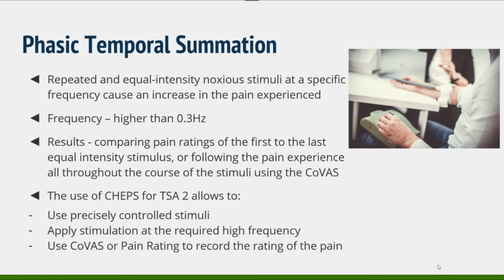So the CHEPS for TSA2 allows you everything you need to perform a phasic temporal summation test. It has precisely controlled stimulation at high rates that can maintain the required high frequency. And you can use either COVAS or a pain rating in the software to rate the pain and to compare the pain at the end to the pain at the beginning.